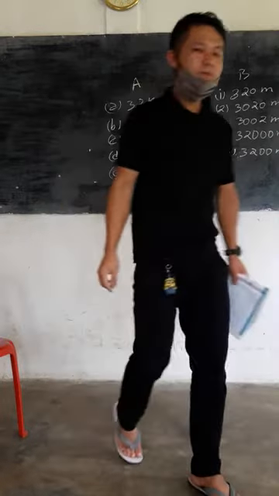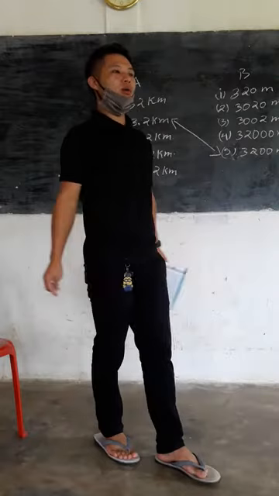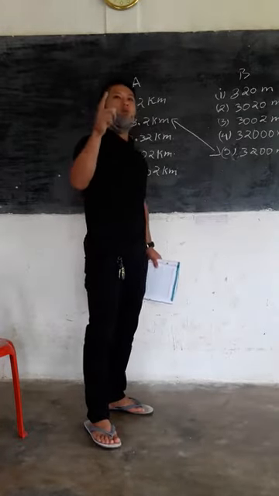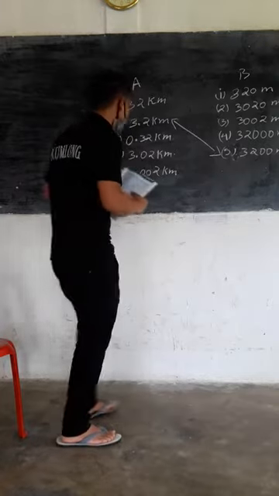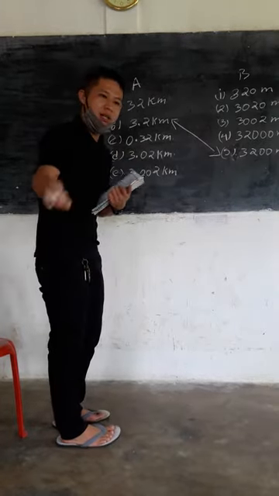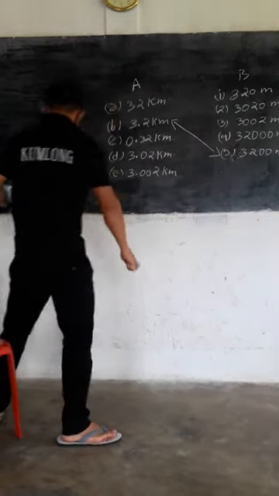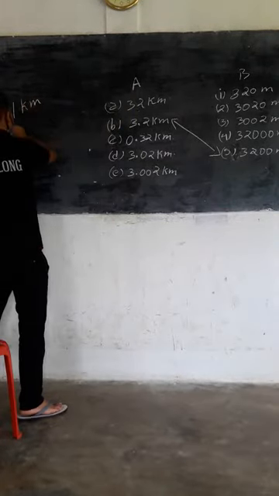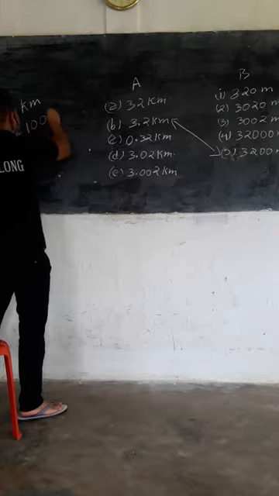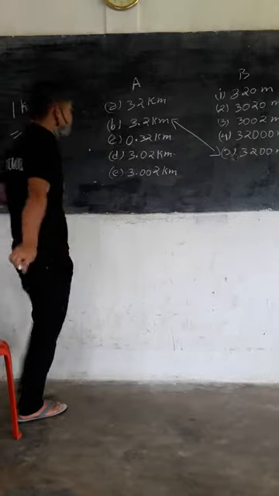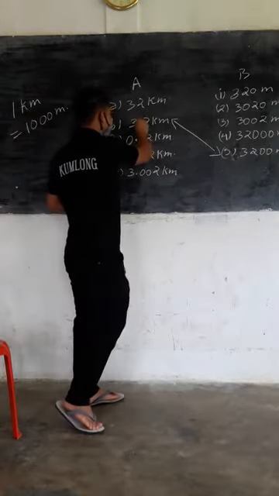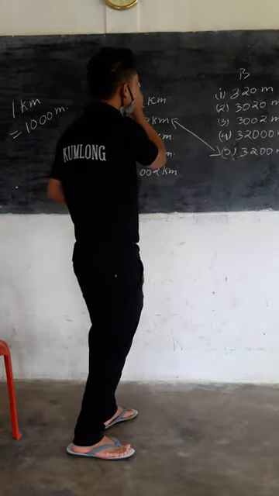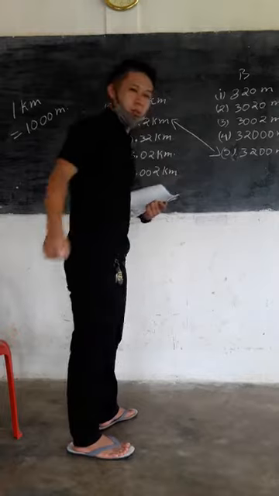Now, we all know that 1 kilometer is equal to 1000 meter. So all these numbers we will multiply by 1000.